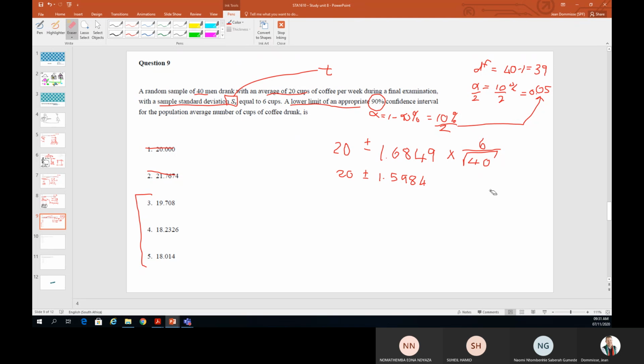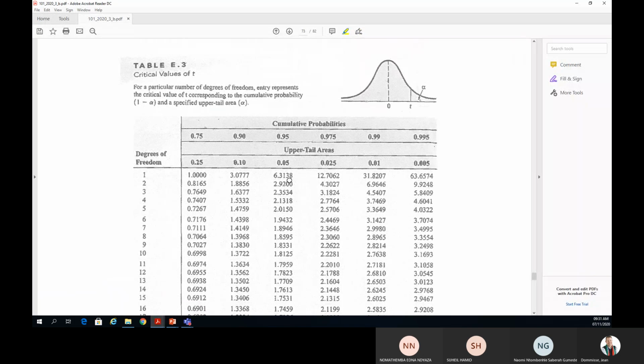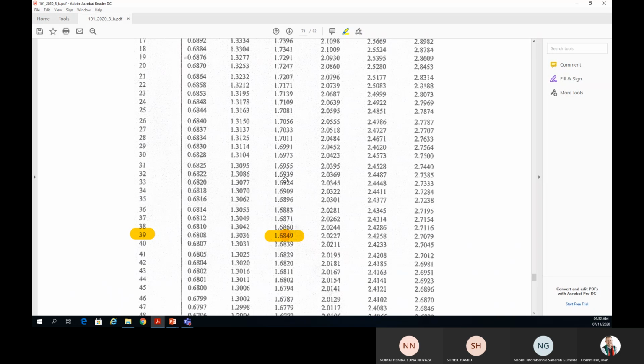Okay, I don't get any of the numbers. Why don't I? Let me just quickly see. 39, 0.05. Just want to see that divided by that is, yeah. So I just want to see again, 0.05, 1.6849.